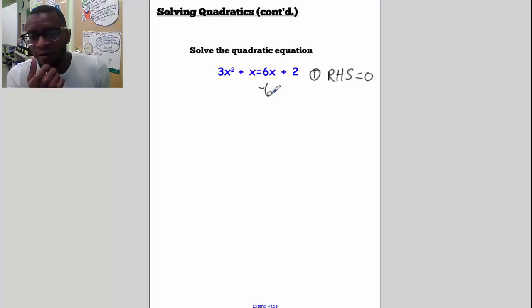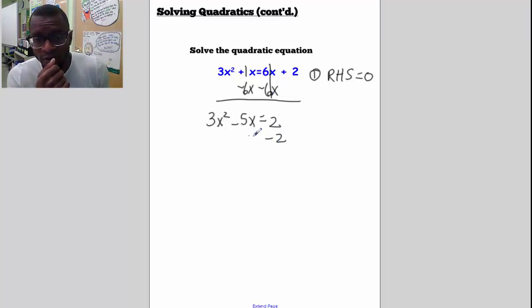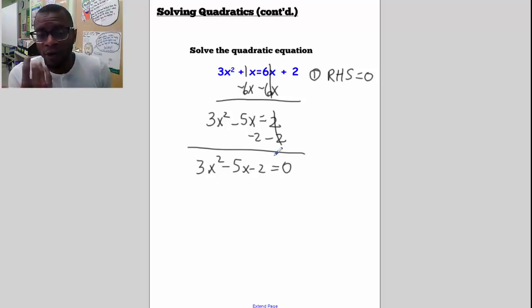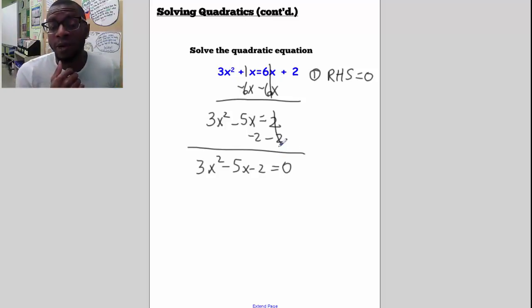I want to subtract 6x from both sides, and so I get 3x squared minus 5x equal to 2. Then I need one more manipulation, so I'm going to subtract 2 from both sides. And so I get 3x squared minus 5x minus 2 equal to 0. Now I'm ready to factor and solve my equation.